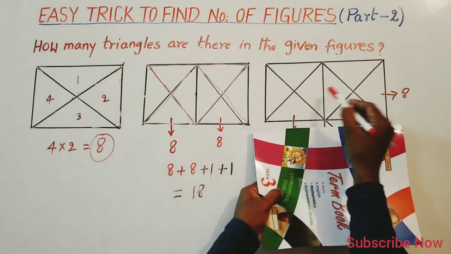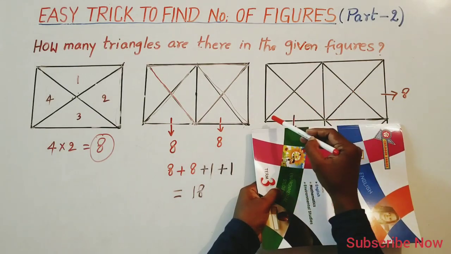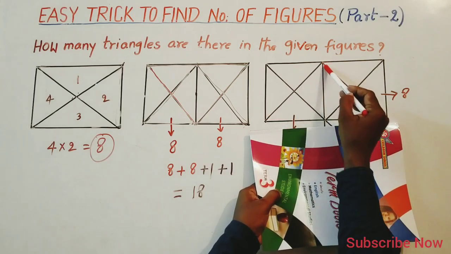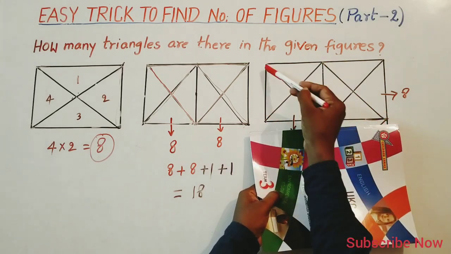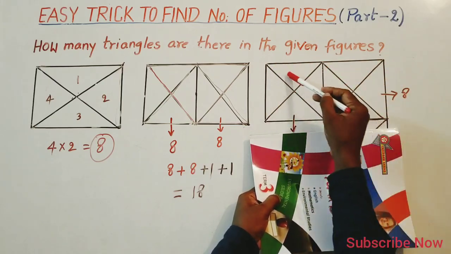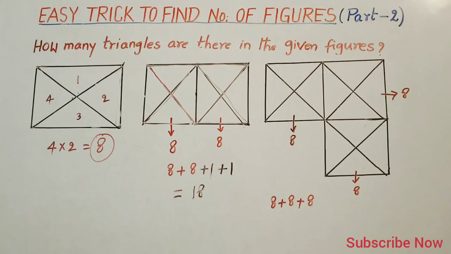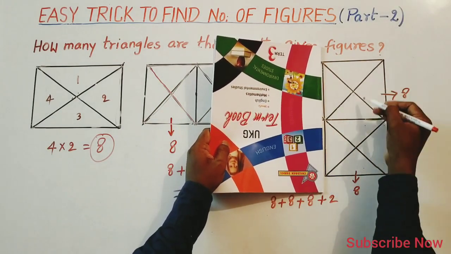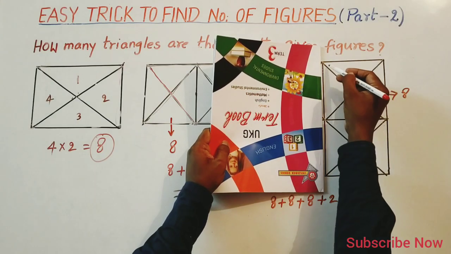In these 2 parts, by combining them, this is another new triangle, and this is another new triangle. So totally 2 triangles are there, so plus 2. Now you combine these two figures, then you will get new two triangles.